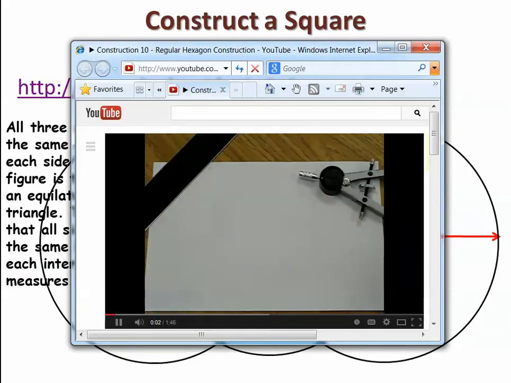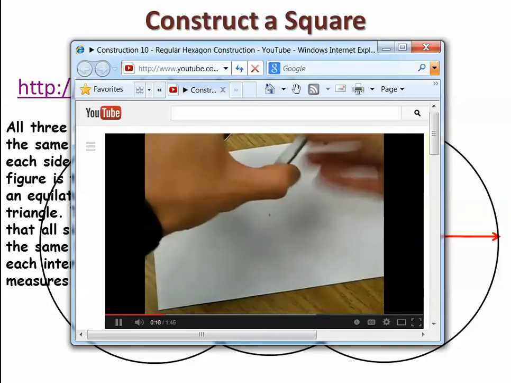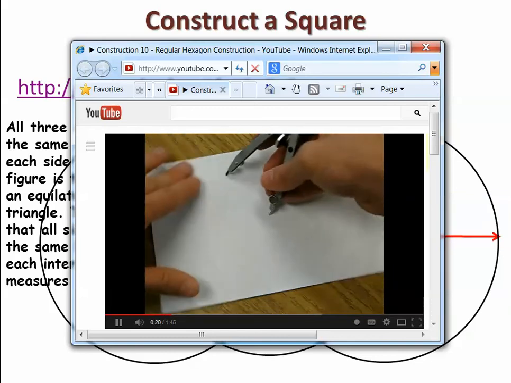Alright, in this construction we're going to learn how to construct a regular hexagon. If you remember a regular hexagon, the radius of the hexagon is congruent to the side length of the hexagon. So all we have to do is take a circle of any radius. Alright, so I need to draw a circle here.